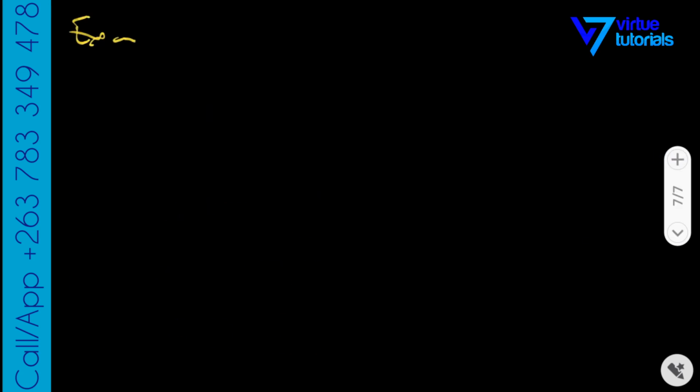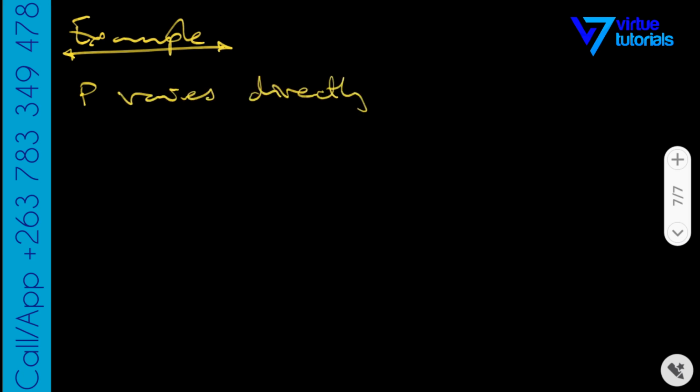So example, P varies directly as T, P is equal to 30 when T is equal to 15.